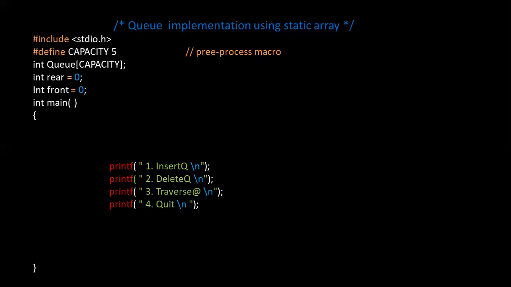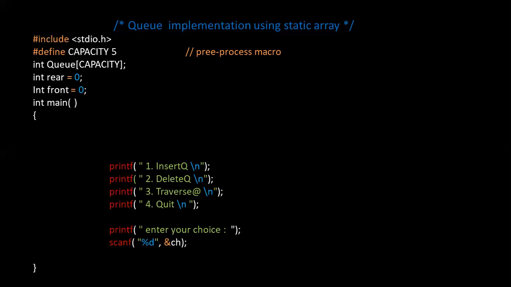Now here we are asked to enter our choice. For that we need to use the scan function, that is scanf %d with the address of a variable of type integer.